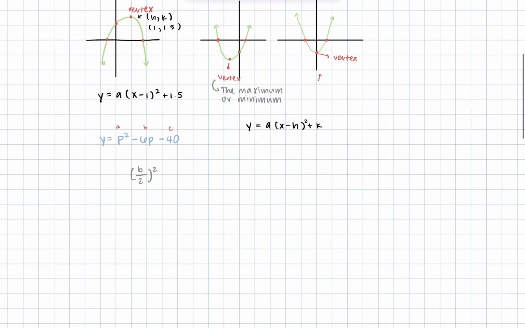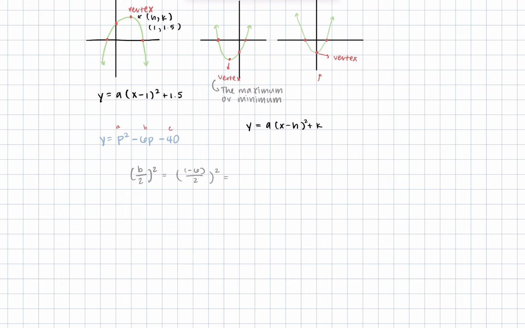So our b value is negative 6. Negative 6 over 2, whole thing squared. Negative 6 divided by 2 gives us negative 3, and negative 3 squared is positive 9.